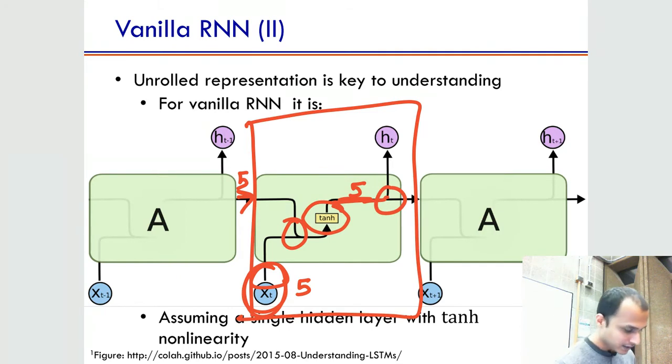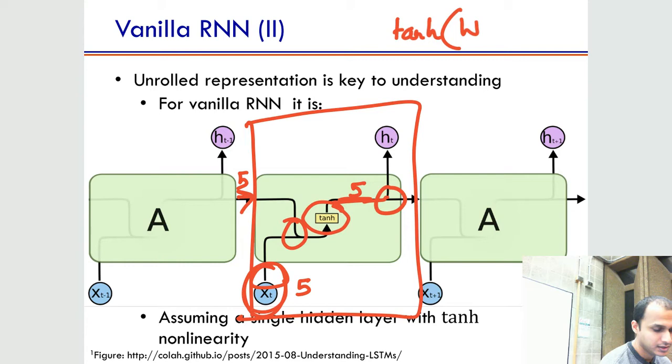Okay, so in this example, I'm assuming that the yellow block is a simple transformation like this, which is tanh of W times previous h_{t-1} concatenated with x_t. Okay, that's the vector plus bias.